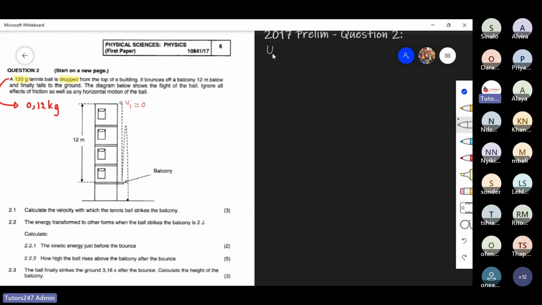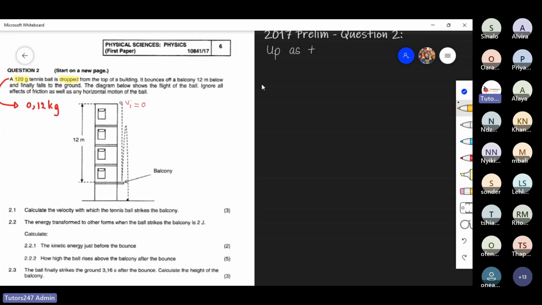If you prefer to take downwards as positive, whatever values I have, you are going to change the sign. So if I have a positive value and you are taking downwards as positive, you make it negative. Or if I have a negative value and you are taking downwards as positive, make your value positive. So whatever sign I have, make your sign the opposite if you are taking downwards as positive.